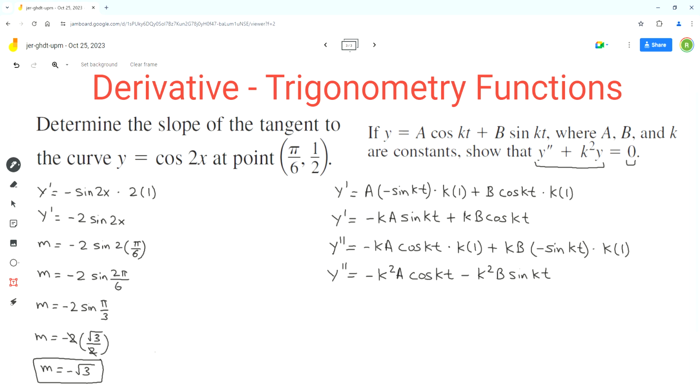Now we can find the expression for k square y. For that, we just have to multiply k square by the expression for y. So we'll substitute y with a cos kt plus b sin kt, because that's the given expression for y.